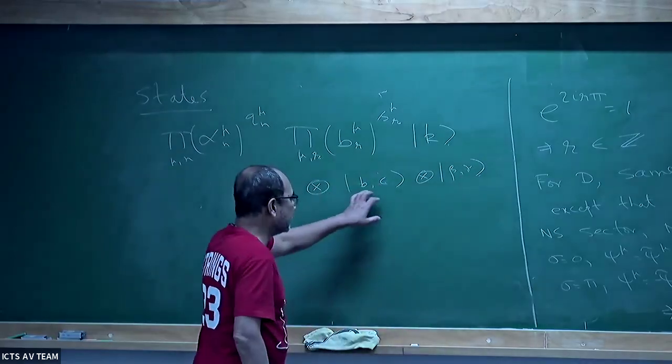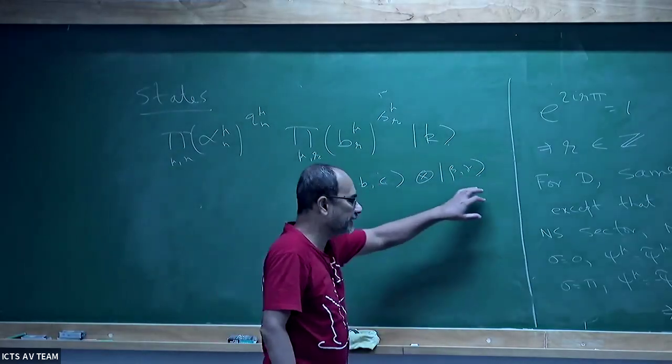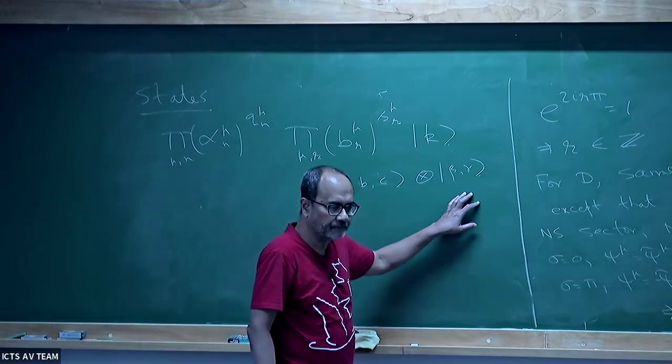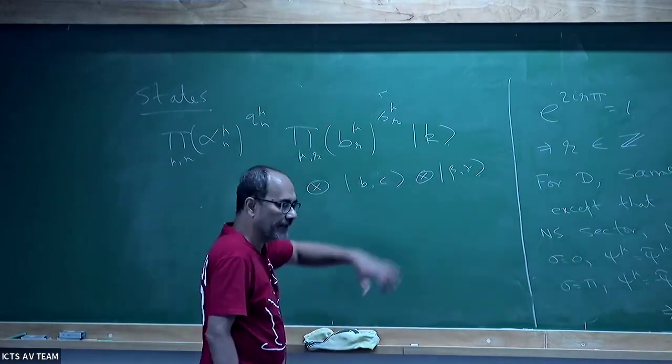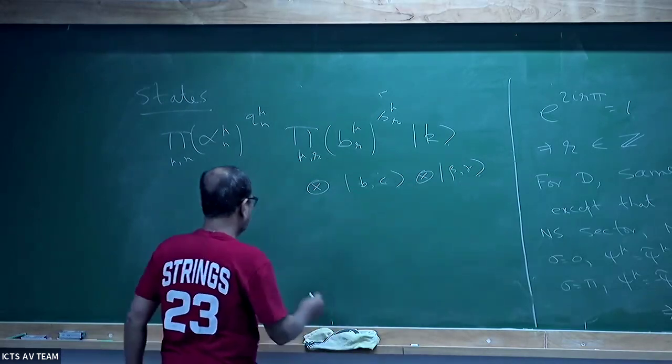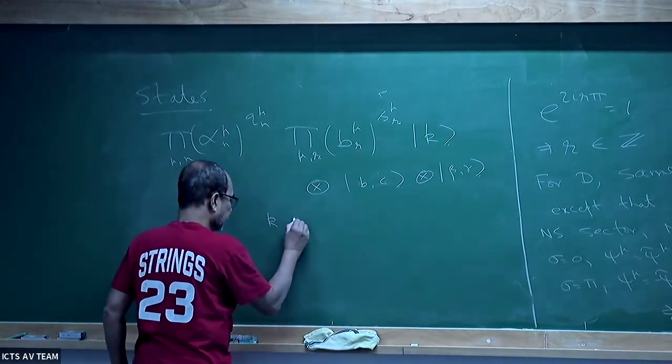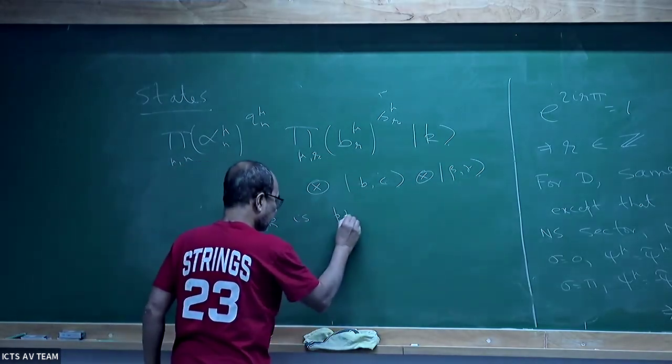This basically means any state in the BC ghost system and any state in the beta gamma ghost system. So this will be the general structure of the basis states. And k is P plus 1 dimensional. This is important.